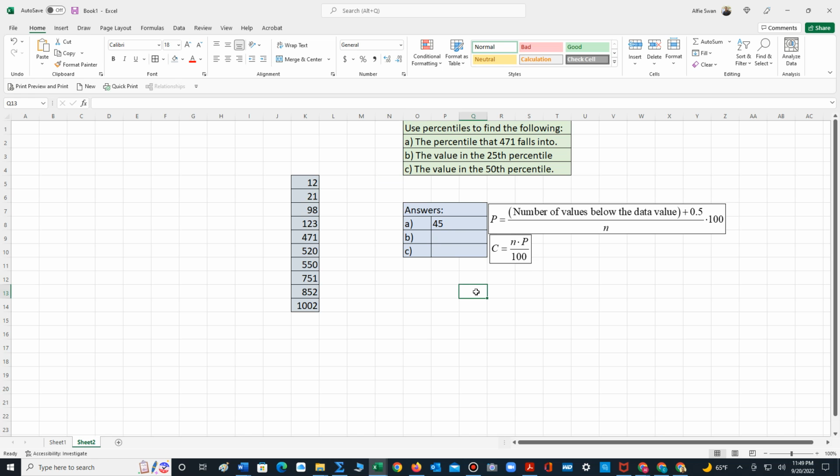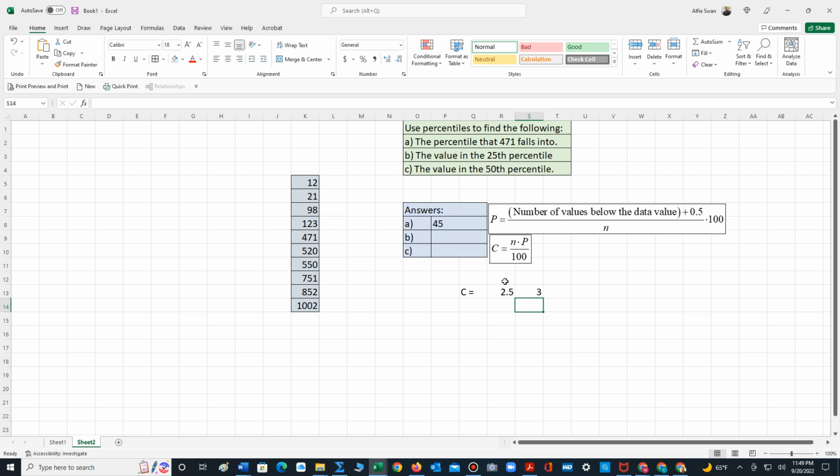So let's put down a C here and let's calculate it. So N is 10 times 25 divided by 100. That gives us 2.5. Now whenever C is not a whole number, we round it to 3 place values.